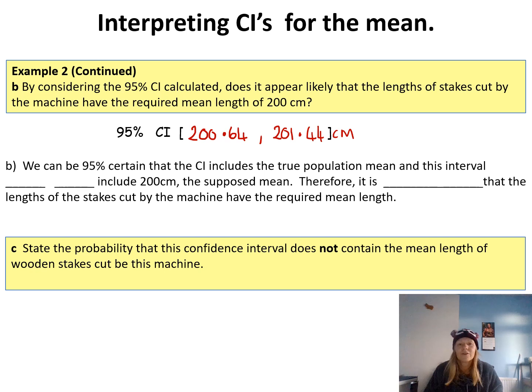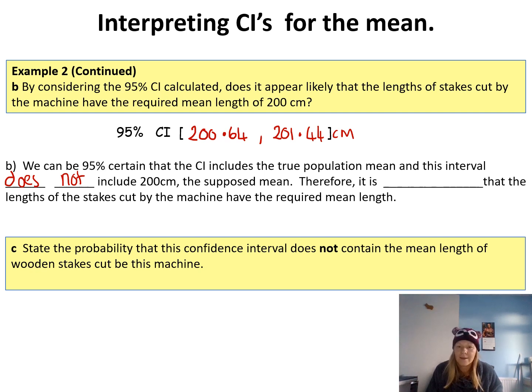By considering the 95% confidence interval, does it appear likely that the stakes cut by the machine have the required mean length of 200? Well, does 200 lie in that confidence interval? No, it does not. We can be only 95% certain the confidence interval includes the true population mean, and this interval does not include 200 centimetres, the supposed mean.